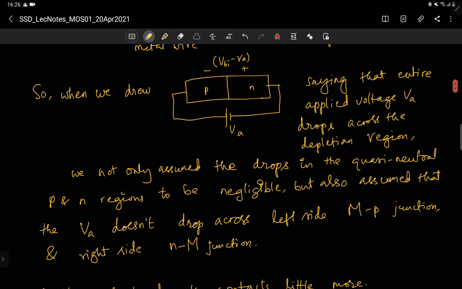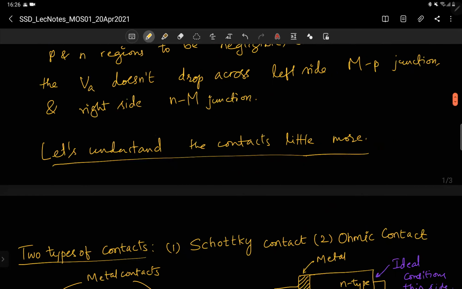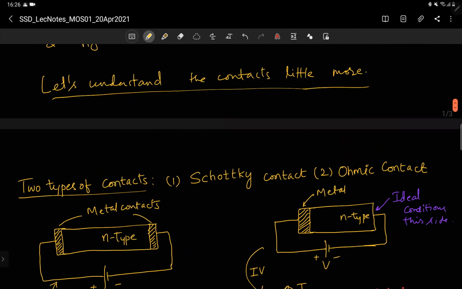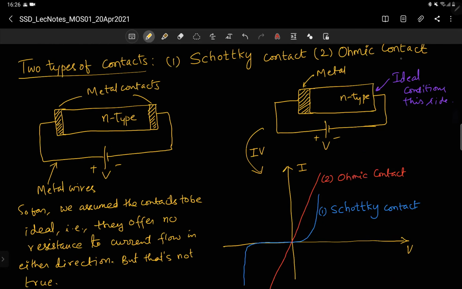So let's understand the contacts a little more. There exist two types of contacts, Schottky contact and ohmic contact. If instead of a PN junction you take a simple N-type semiconductor and apply a battery, even for that we will have two metal contacts like this.